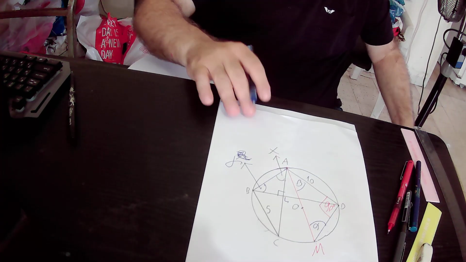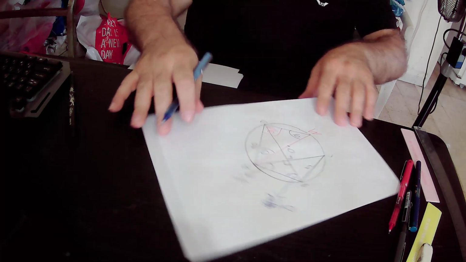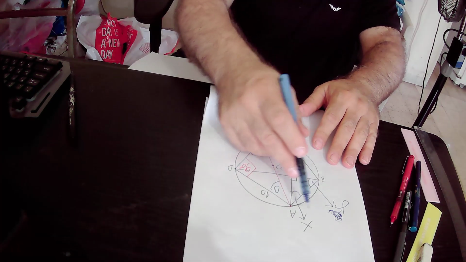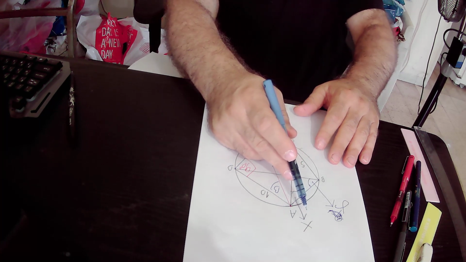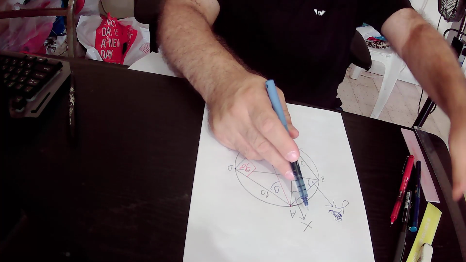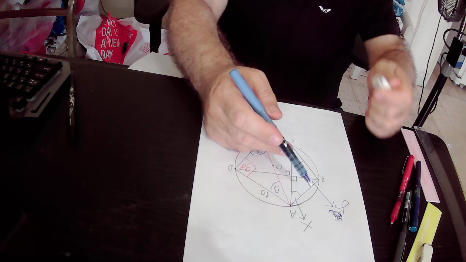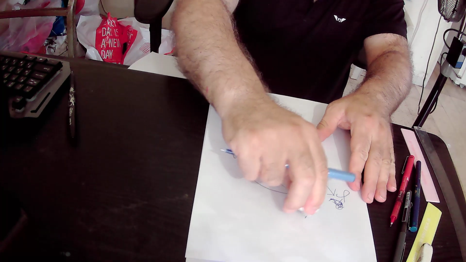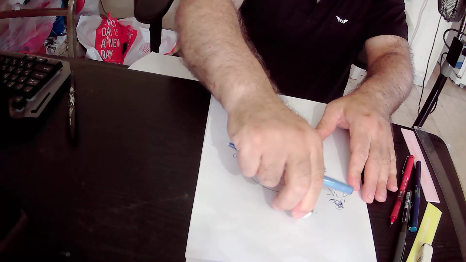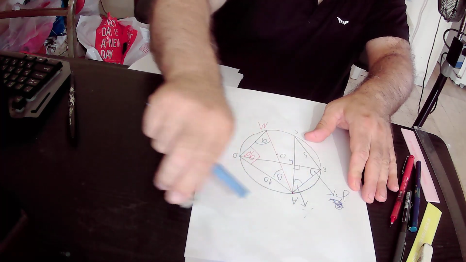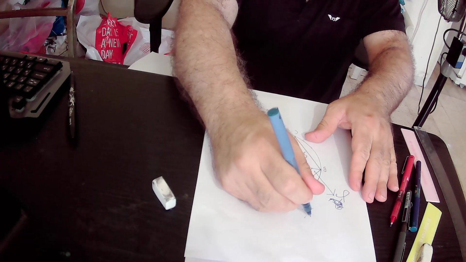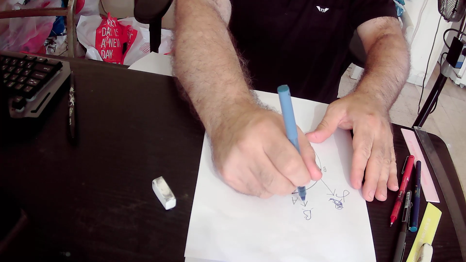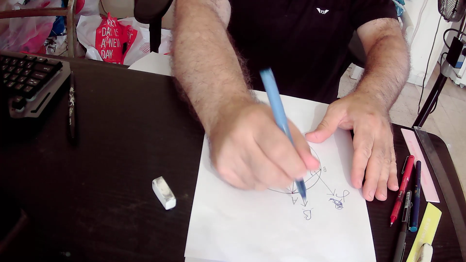So actually angle BAL equals x, and we know that x equals beta, so instead of x we can write beta.